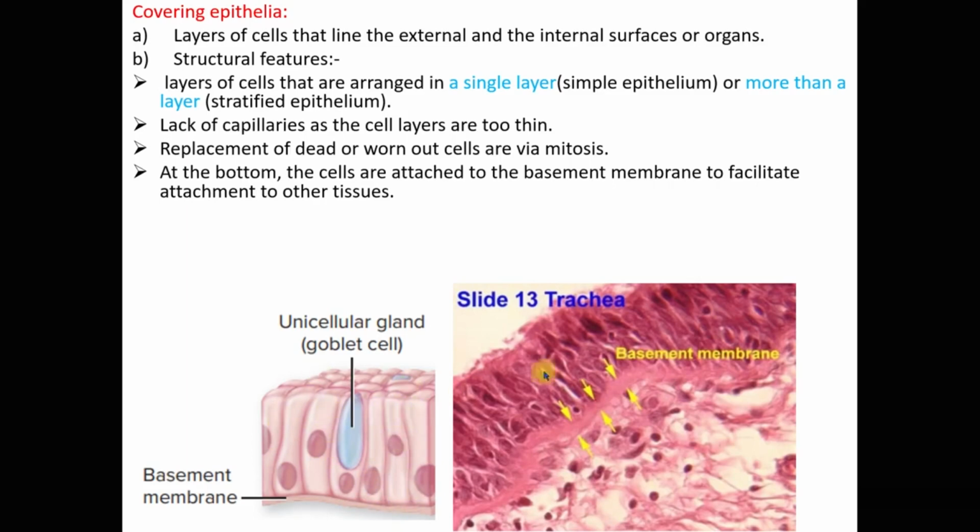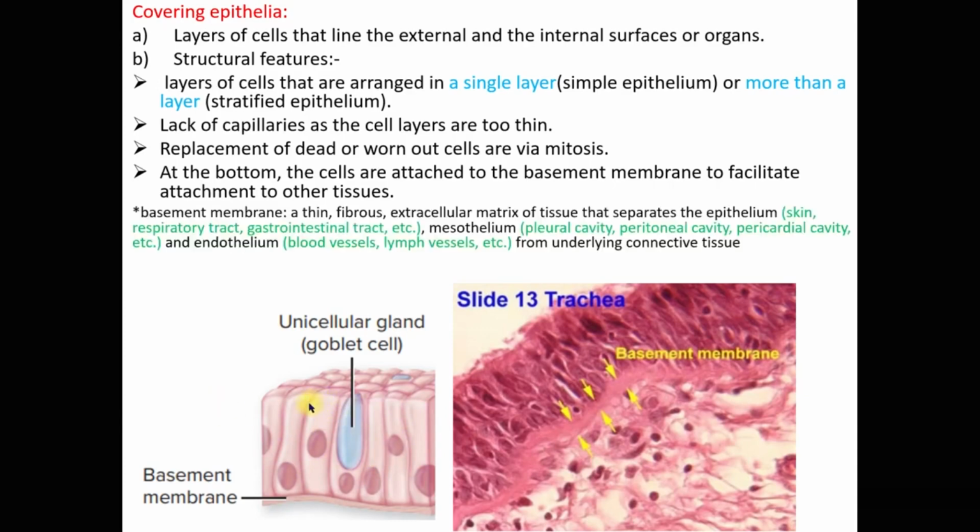This is the basement membrane where these cells are attached. You can see in this micrograph the structure of the basement membrane. Again, the replacement of dead or worn out cells is done via mitosis.